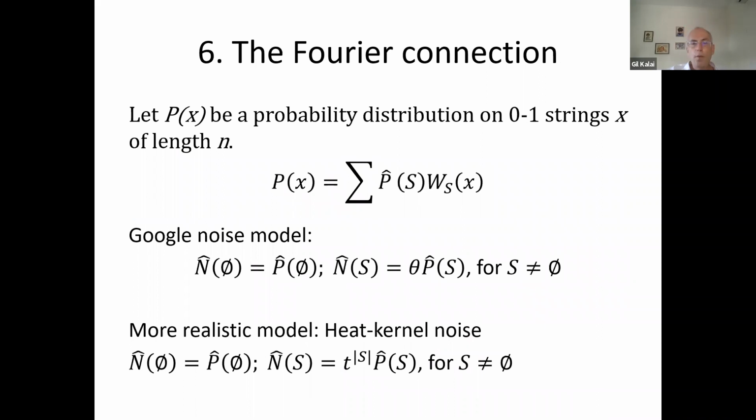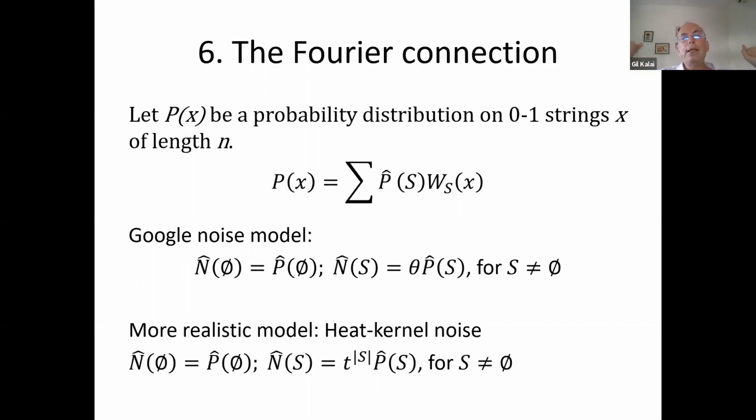Okay, and now I want to talk about another aspect which I think is very interesting. It is related to some earlier studies, and this is the Fourier connection, or what happens when you expand the probability distribution, which is a function. You can think about it as a real function on 0-1 strings of length n.